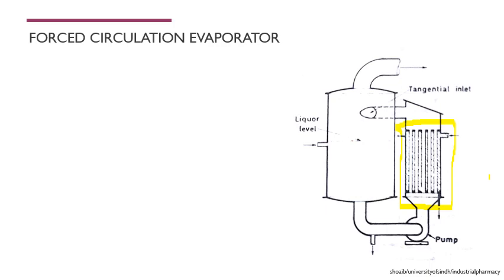Now in the second container, the pressure is much lower as compared to the first container. Then we move the superheated liquid from the first container to the second container through a pump.